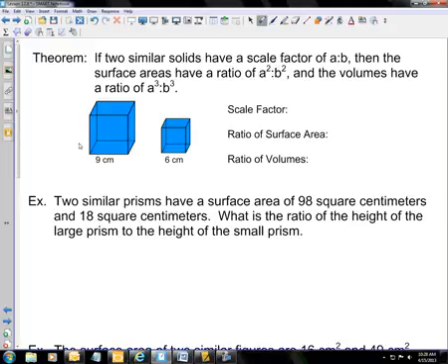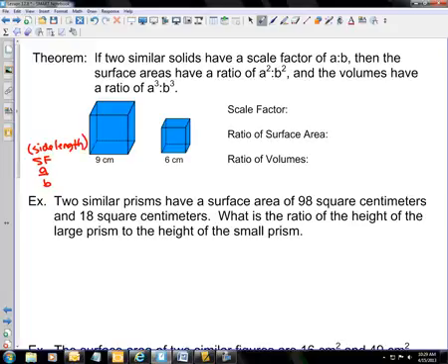This theorem says that if two similar solids have a scale factor of A to B, then the surface areas have a ratio of A squared to B squared, and the volumes have a ratio of A cubed to B cubed. The scale factor, A to B, also works for the side lengths and the perimeters.